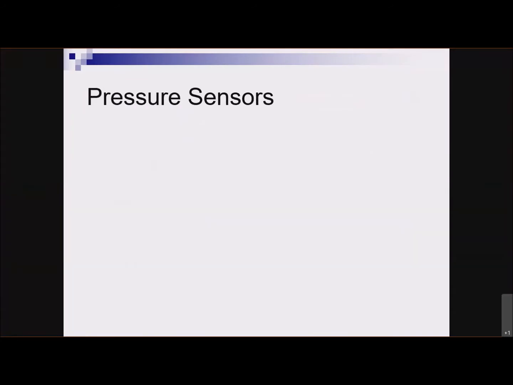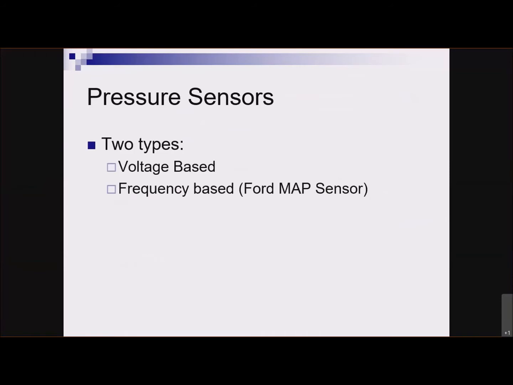So if we move on forward, our next topic is pressure sensors. And there are 2 kinds I'm going to talk about. There's voltage-based, which are the most common, and then frequency-based, which these really don't even exist anymore. I'm just going to mention them briefly. It's something Ford used to use years ago.